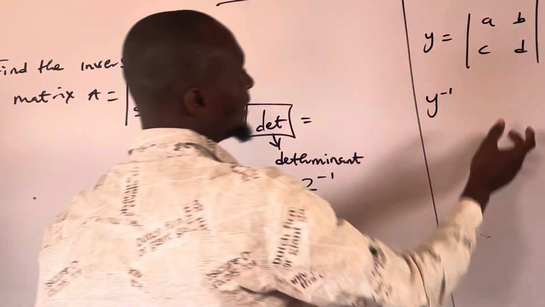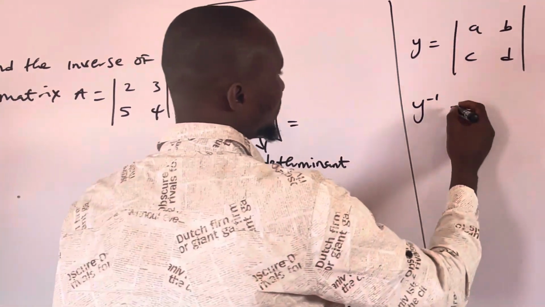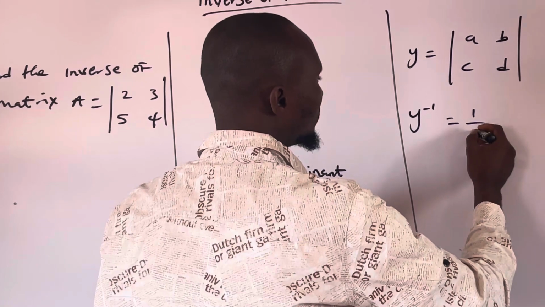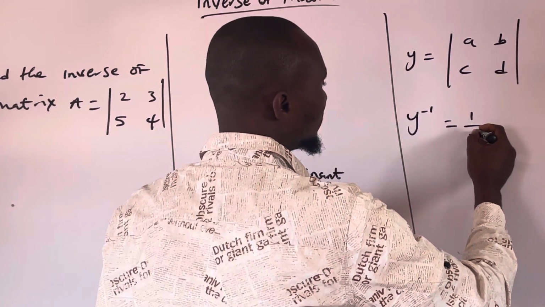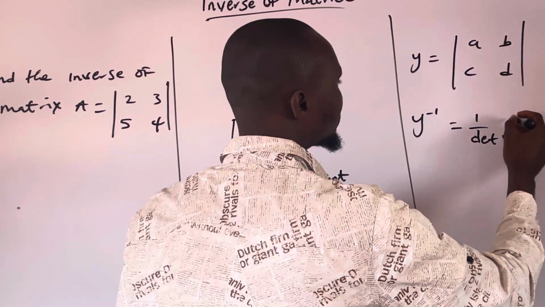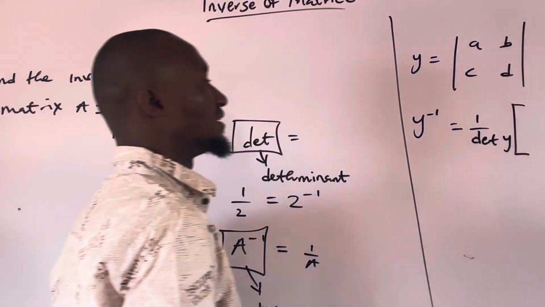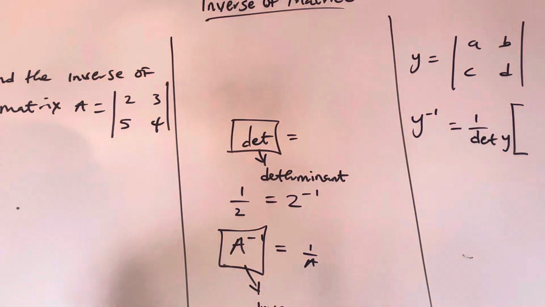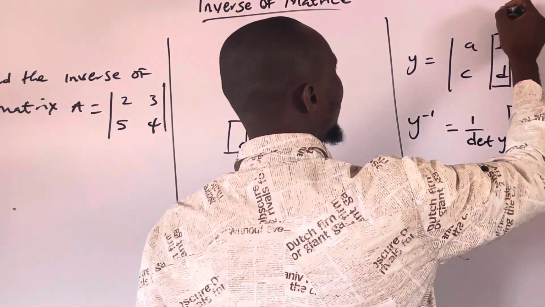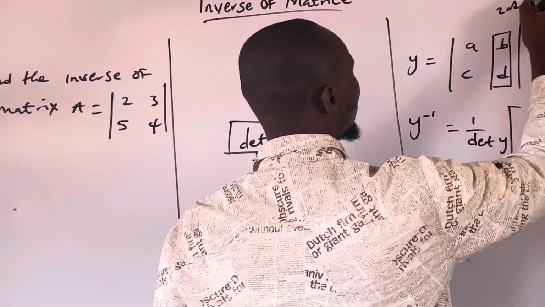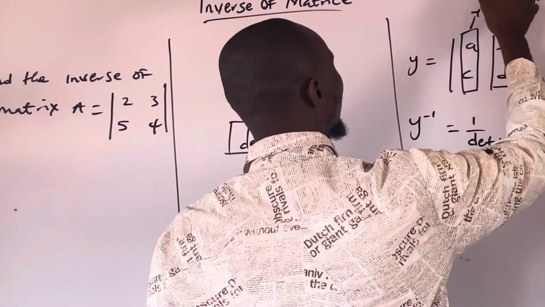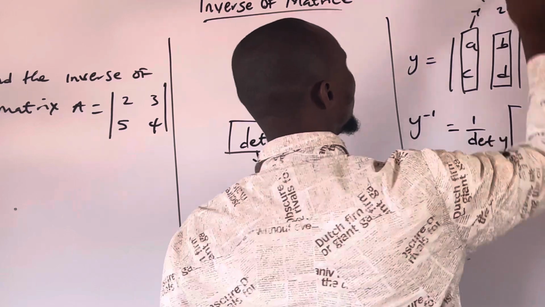So when you have something like this now, this thing is going to be equal to 1 over det y. Then in brackets, how do you solve inverse of a matrix? You know here, this is second row, while this one is the first row.